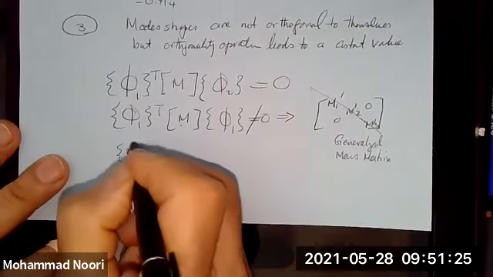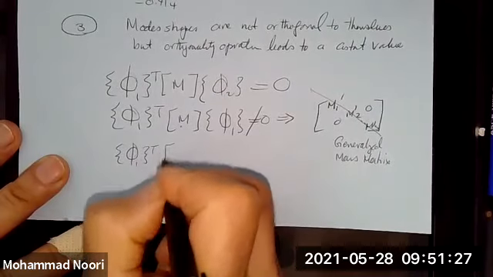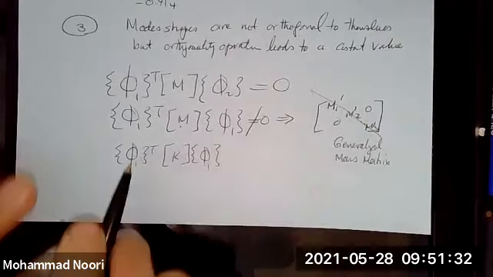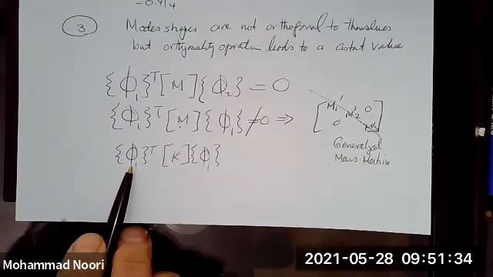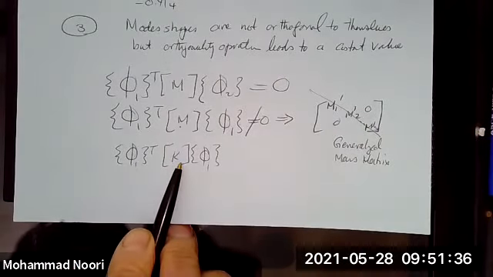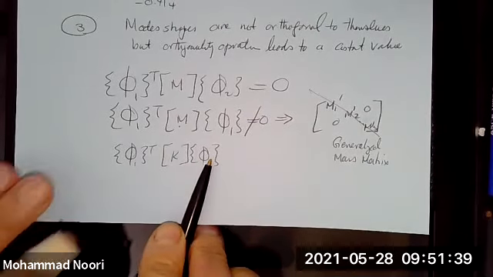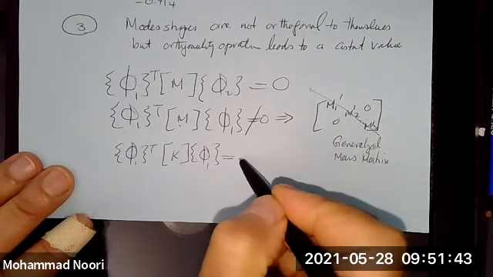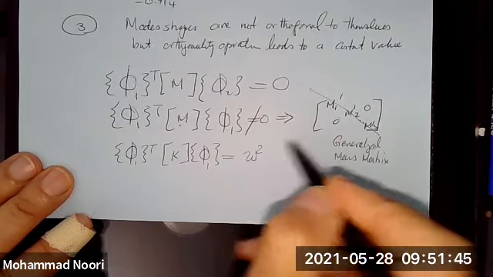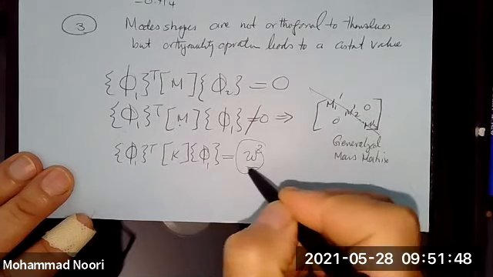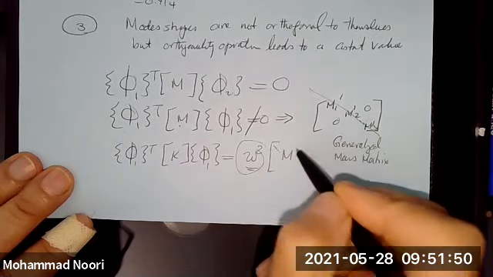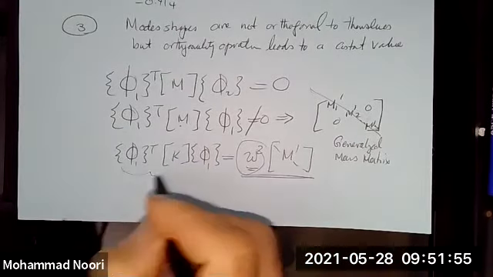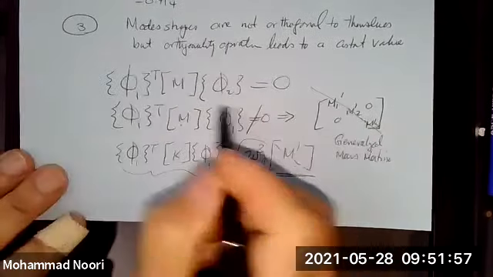And if you perform the same operation on the stiffness matrix, in other words, transpose of mode shape 1 times stiffness times mode shape 1, it also is not going to be 0. It leads to something which would be omega squared times that generalized mass matrix.